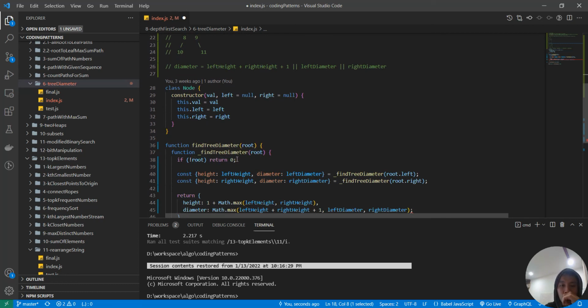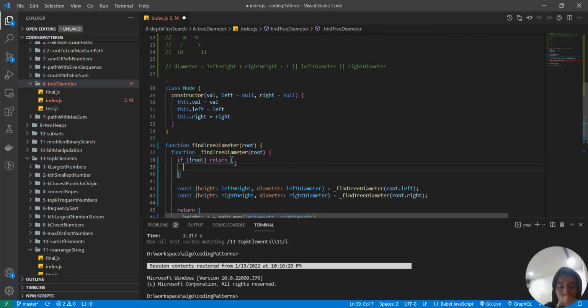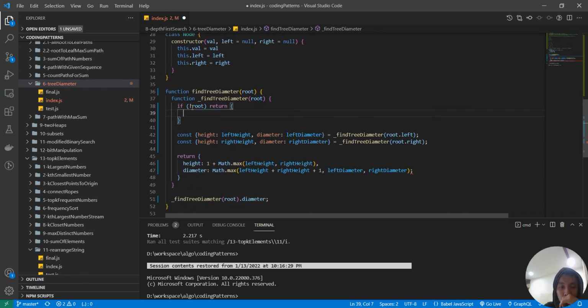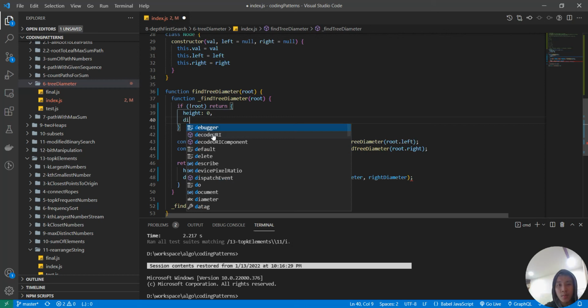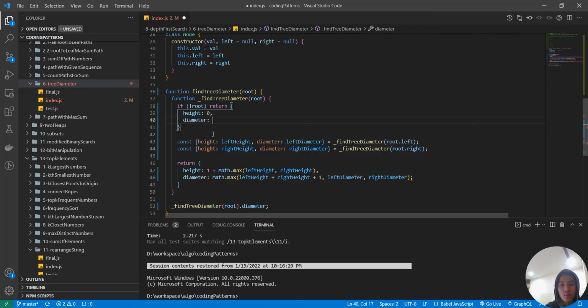If it's null here, we need to obey this formula: if the node is null and the height is 0, probably the diameter will be 0 also.